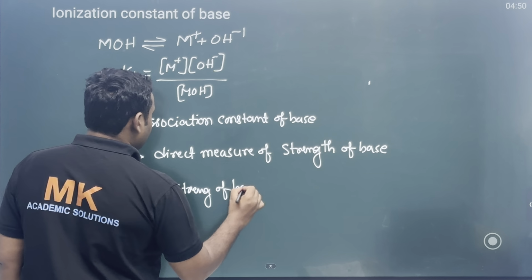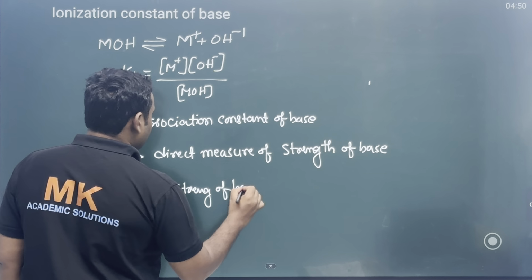According to the Ostwald dilution law, the degree of dissociation of an electrolyte is directly proportional to the square root of the volume, or inversely proportional to the square root of concentration.